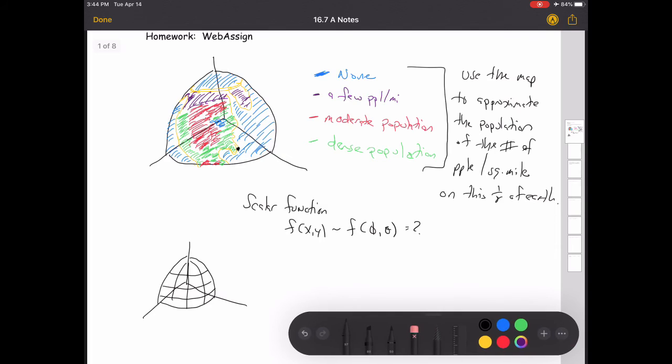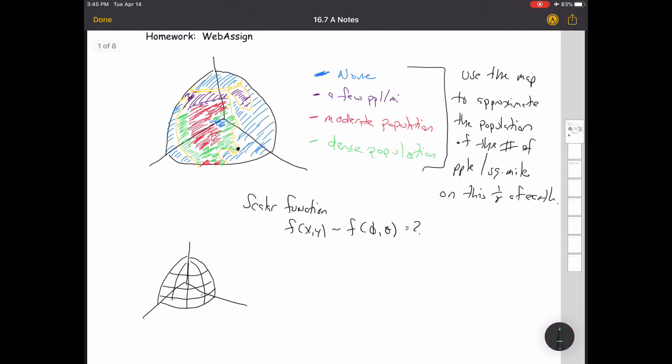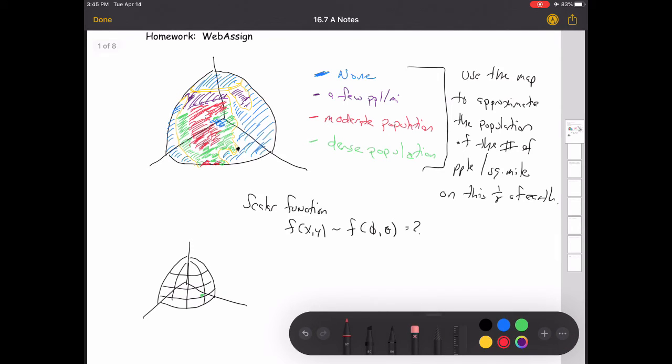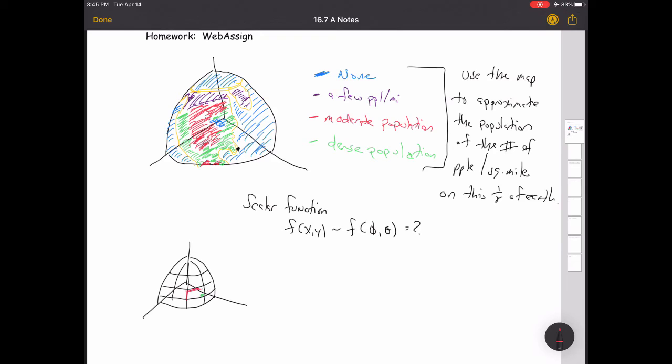And we said someplace around Florida, maybe off the coast of Florida or something. Who knows? We're going to look at this specific patch right here, and we're going to use that green dot in there to approximate the entire patch.